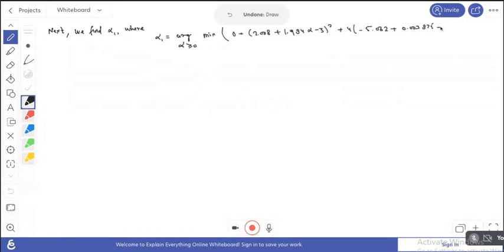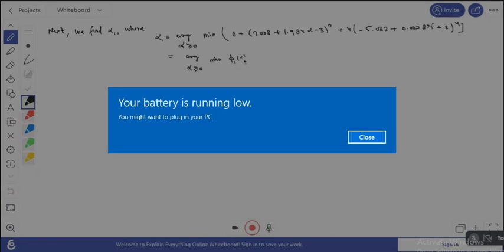Okay, so simply do this by using our formula and values to get your values. Okay, and this is your argmin over alpha with beta equals 0, and suppose this function is your phi 1 alpha. Okay, phi 1 alpha.